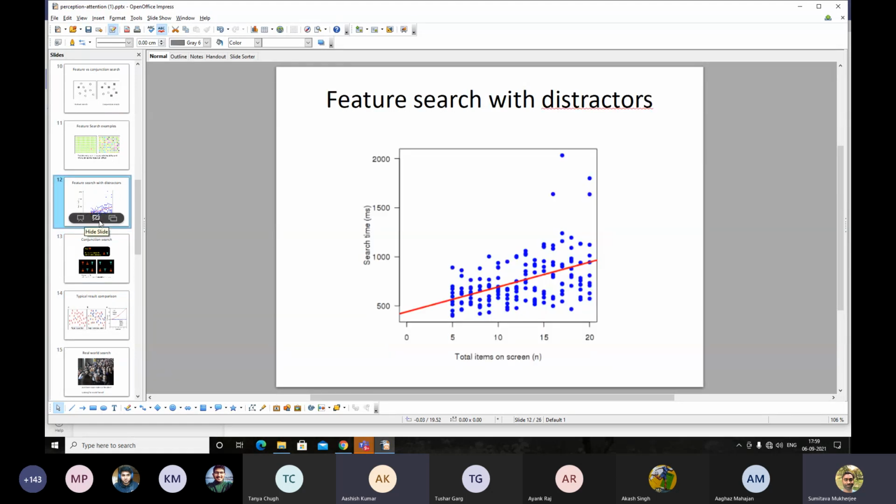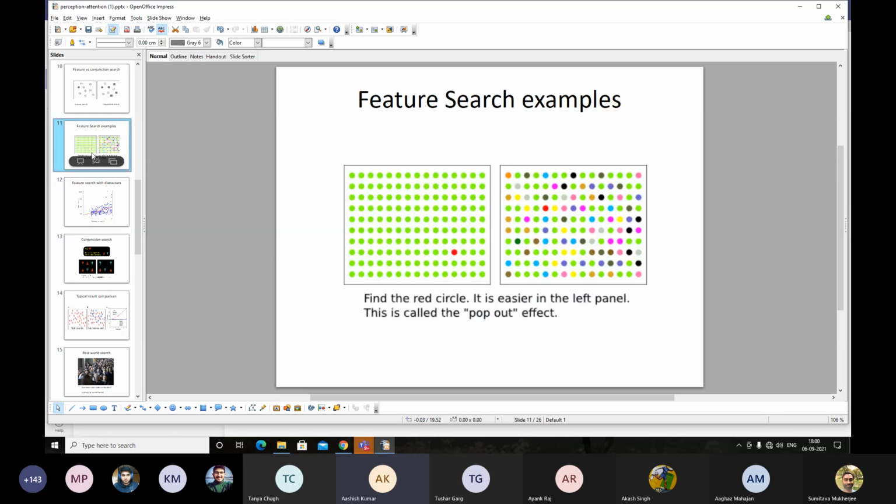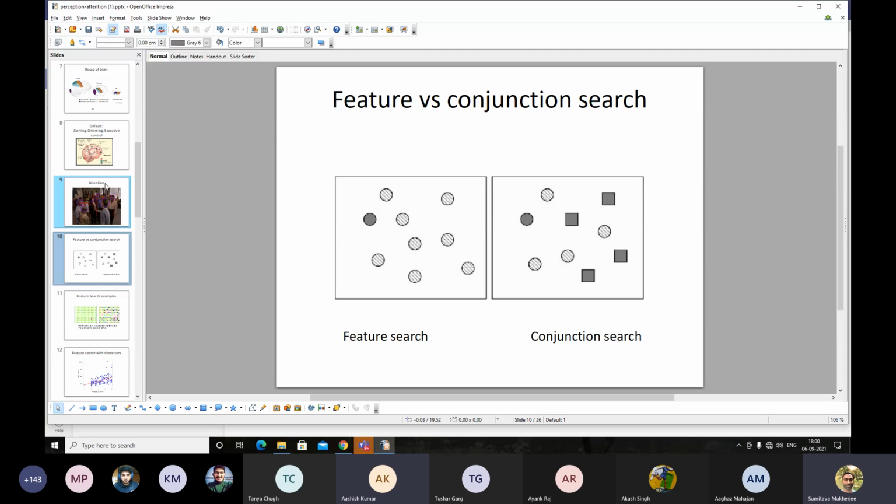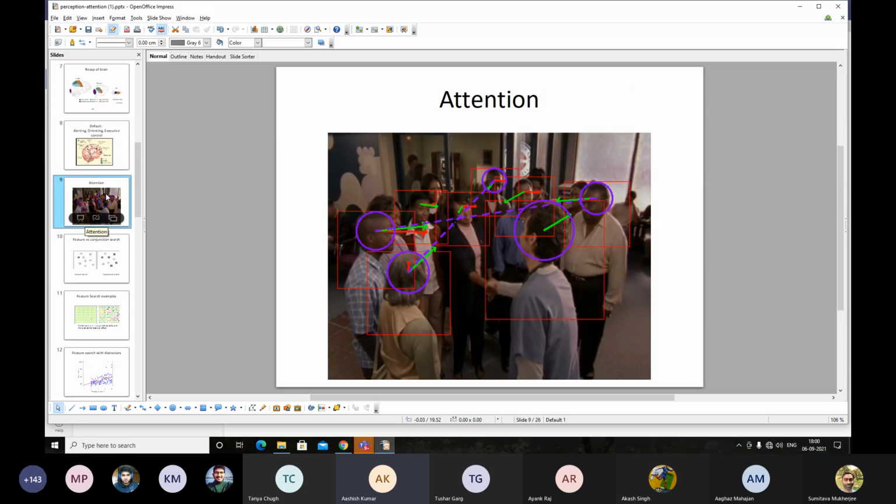Sir, you said in the previous slide that we can attend to something but not look. How is this possible? Like this person is looking at another person but attending to this person, who is almost behind him. How is it possible to attend to a person without looking?